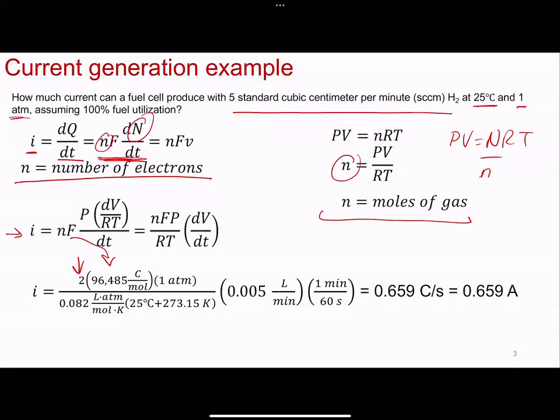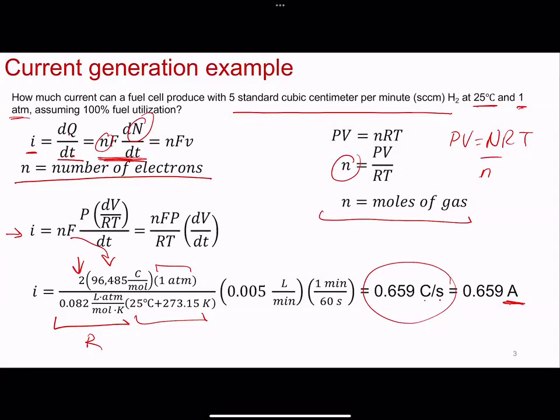Faraday's constant is here. You're at standard temperature and pressure that we know. This is the gas constant, temperature converted to Kelvin, and you get charge per time, so coulombs per second, which is converted to amperage. 1 coulomb per second is 1 amp.